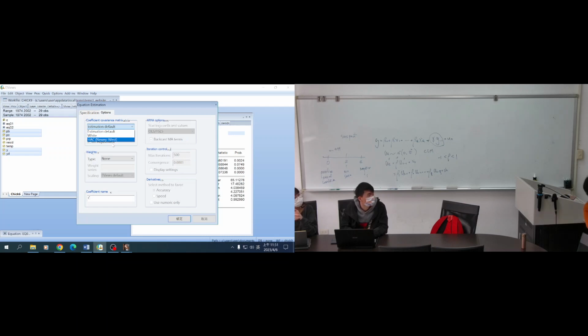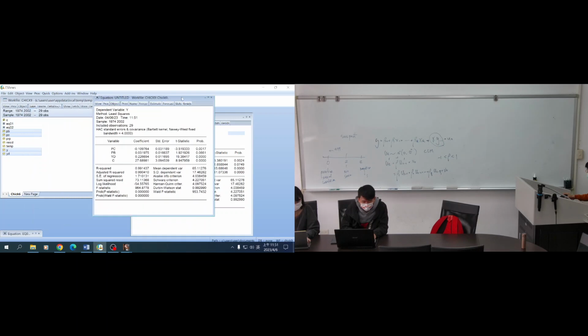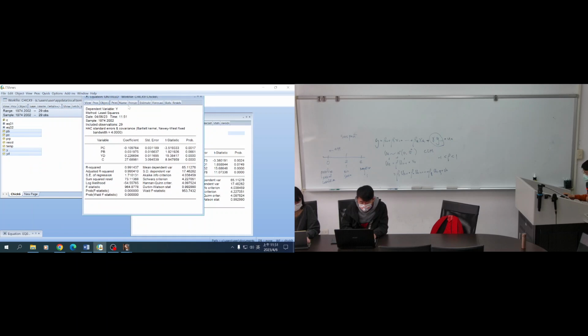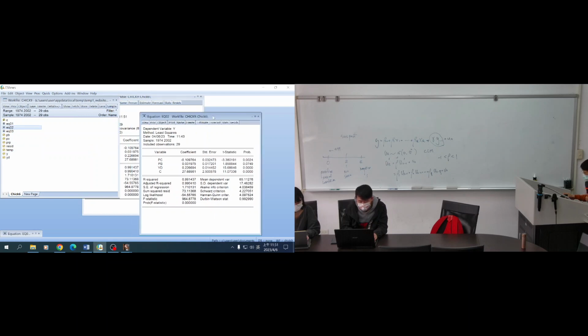This time choose Newey-West. So this is the Newey-West. I'll put this one as equation 3. Compare this with my original. Equation 2 is my original one.